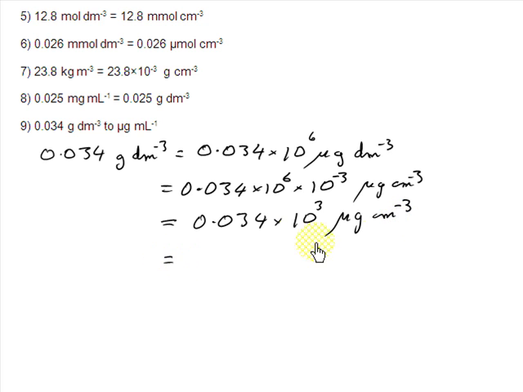So then we can rewrite this. First of all, by multiplying by 10 to the 3, we'll move the decimal point 3 spaces to the right. So this will give 34, and this will give micrograms, and per centimeter cubed is the same as per milliliter. So this will be 34 micrograms per milliliter.